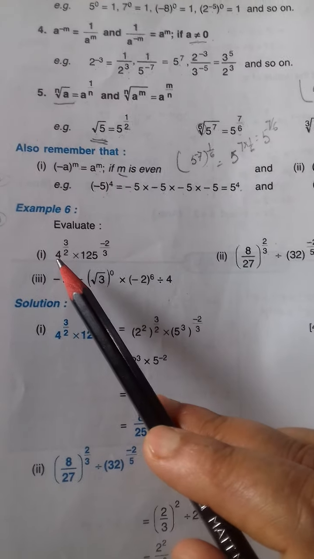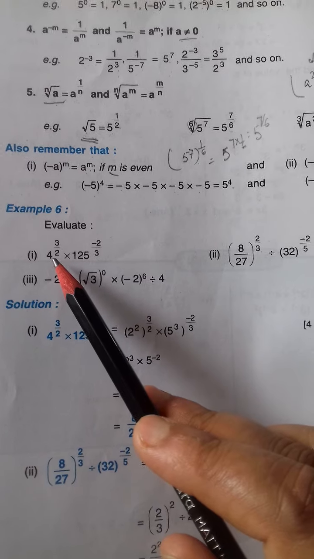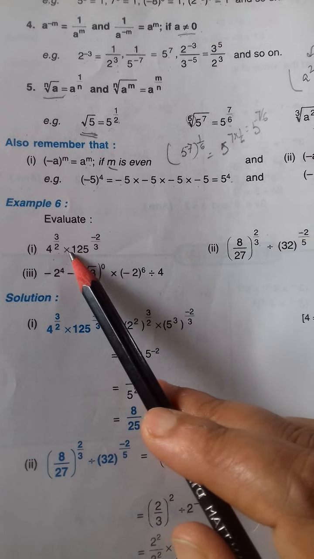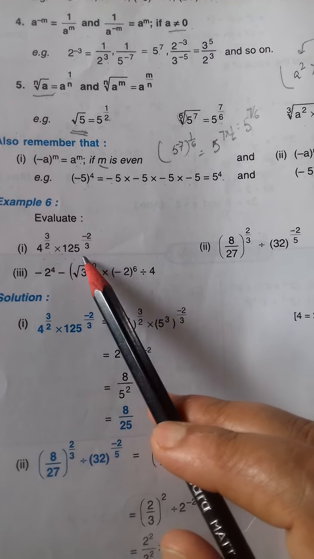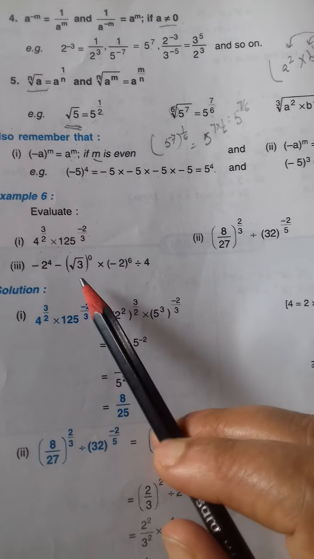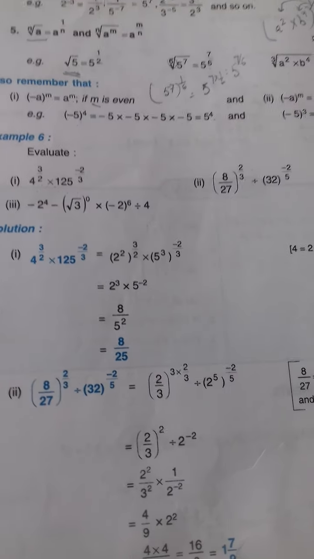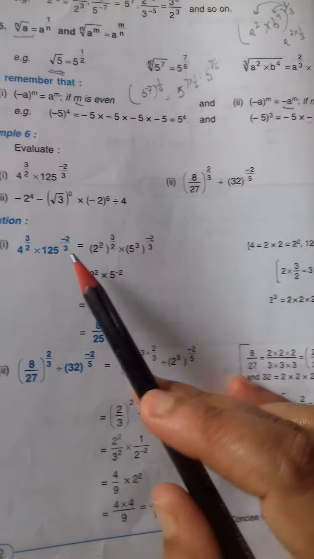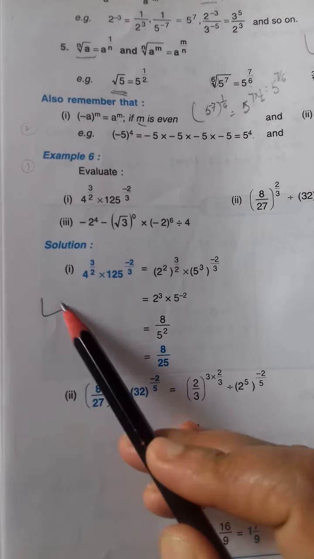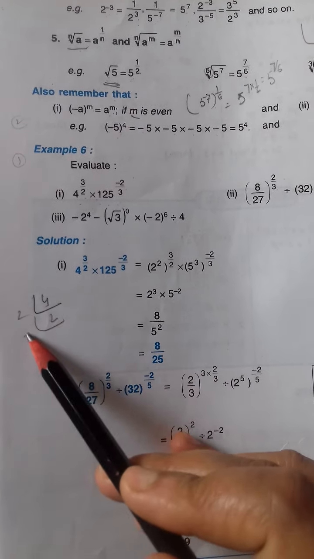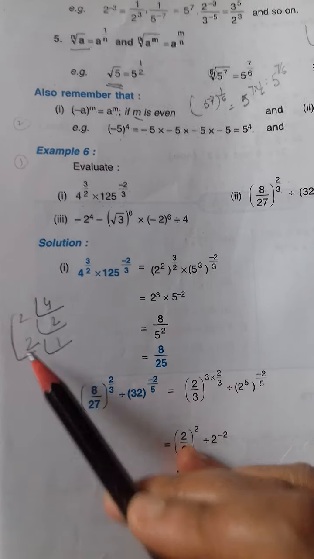Evaluate. First example, 4 raised to the power 3 upon 2 into 125 raised to the power minus 2 upon 3. First of all, I would like all of you to take LCM. Like if you take the LCM of 4, you will get 2 2s are 4 and 2 1s are 2.